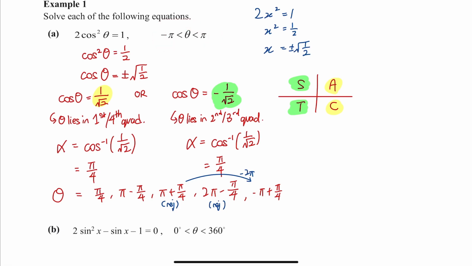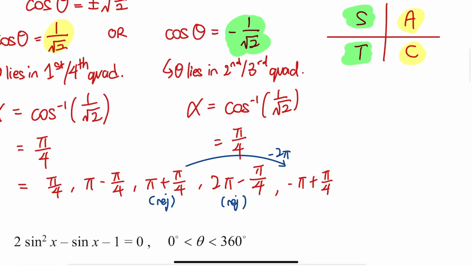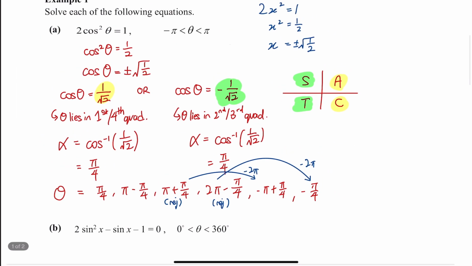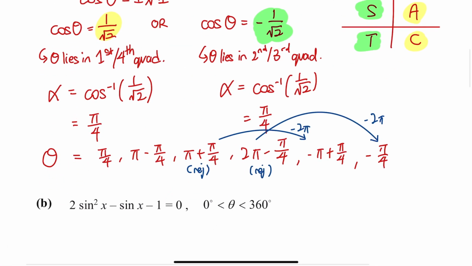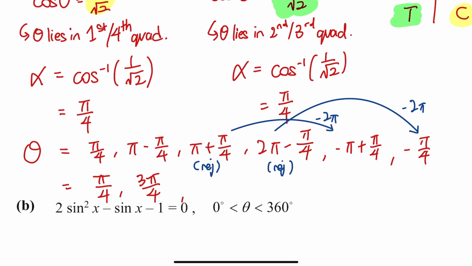Likewise, for this solution here, 2 pi minus pi over 4, I minus away one cycle, minus 2 pi, and I will get negative pi over 4, which is also within the range stated by the question for theta. Therefore, the final answer to this question is simply pi over 4, 3 pi over 4, negative pi over 4, and this solution here, negative pi plus pi over 4, is negative 3 pi over 4.